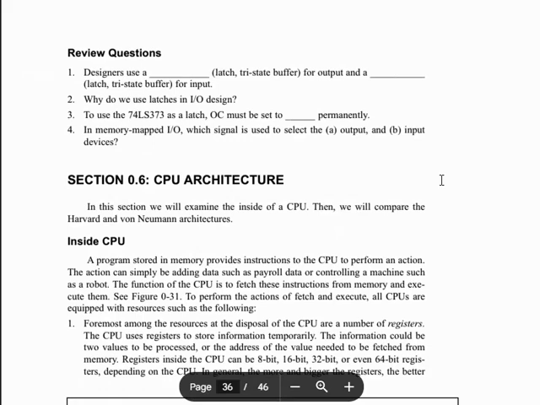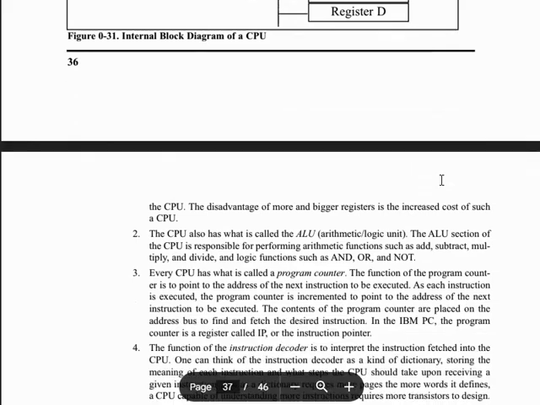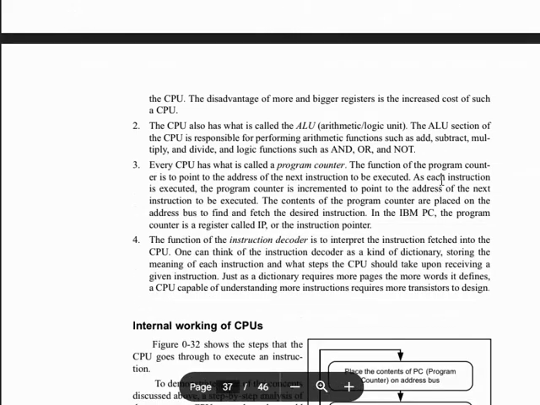The program counter points to the address of the next instruction to be executed, and increments after each instruction. What is the functionality of the CPU? It fetches instructions from the memory and executes them using the ALU and registers. The program counter manages the instruction sequence.